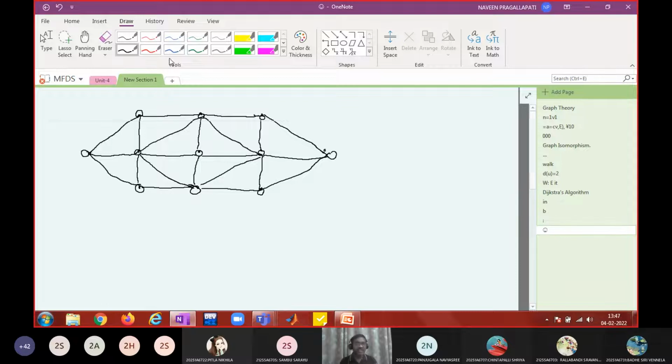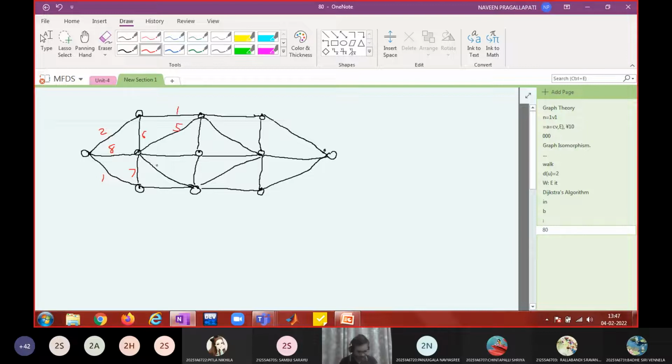Okay, so what are the edge weights? Edge weights are 2, 8, 7. I think this one is 1, right? This edge weight is 1, and this is a 6. This is 7, and this is 1.